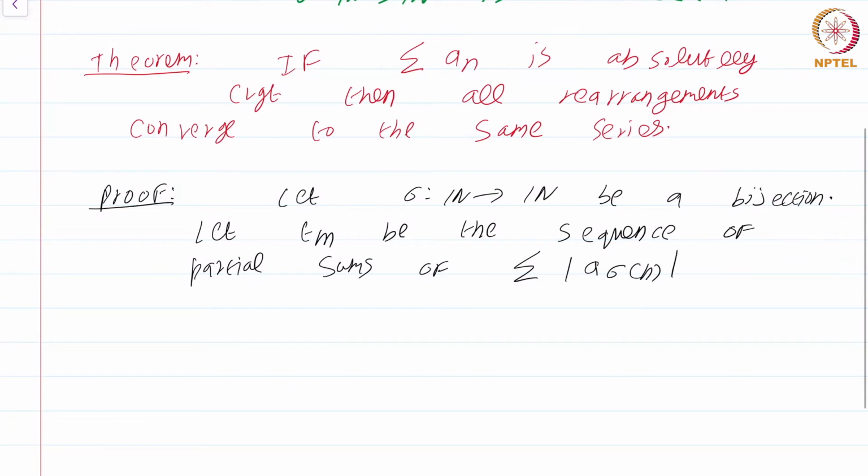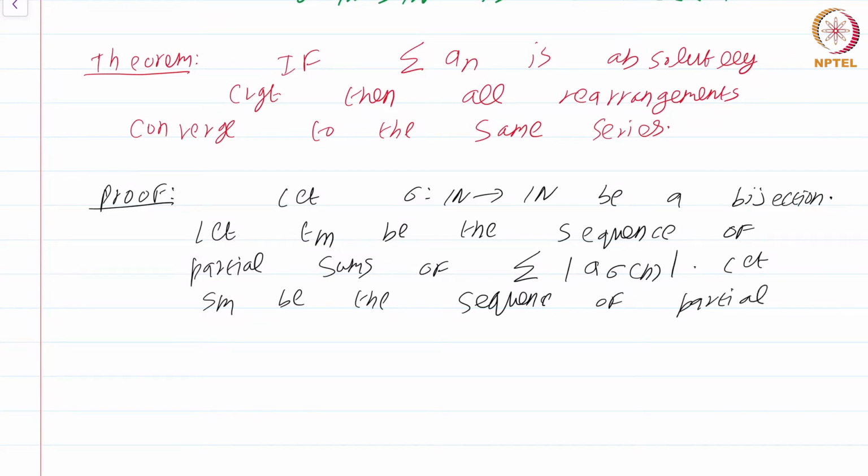I look at the rearranged series with absolute values, of course, and look at the partial sums. Let S_m be the sequence of partial sums of summation mod a_n, the original series.